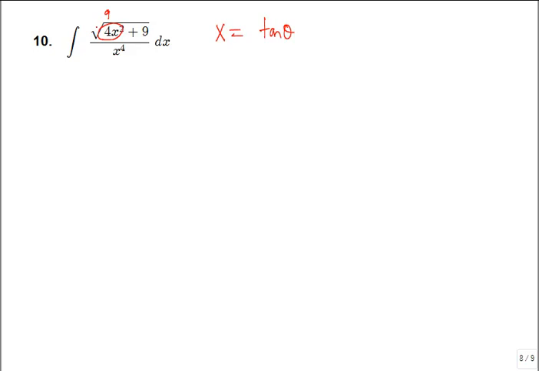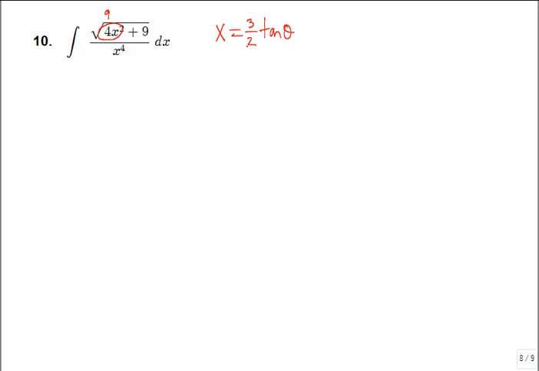Well, if I want the 4 to go away, I would want to divide by it, and then I would need to multiply by the 9. But I want to do all of that before I square it. So I want the square roots of those 4's and those 9's, which means the coefficient I'm going to need here is a 3 on top and a 2 on the bottom.